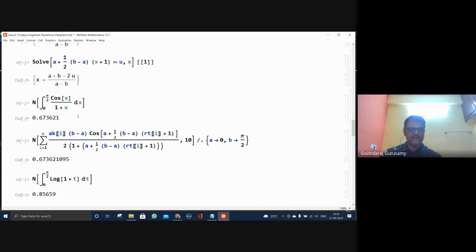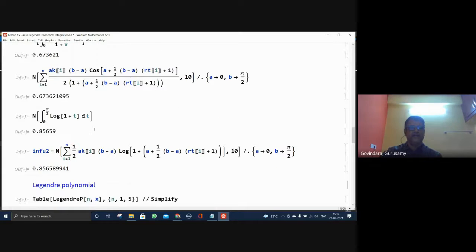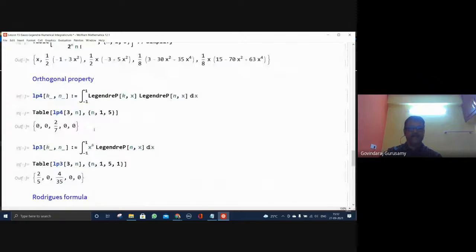Again, you find that it's going to be -1 to +1. Then this will change into this form, and instead of dx, I have a du. At that time, you just directly substitute for the x and then simplify, because a and b have already been substituted with all these limits. Okay, it's fine.